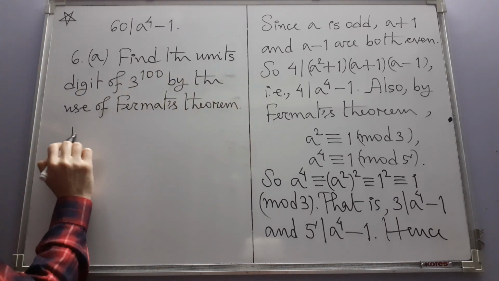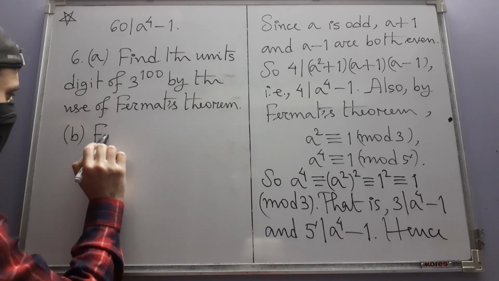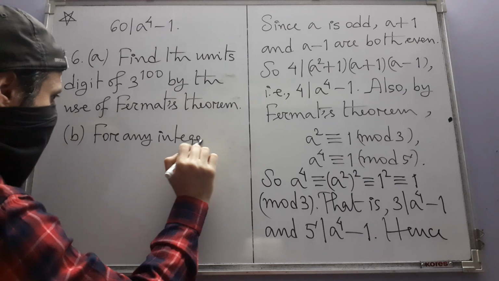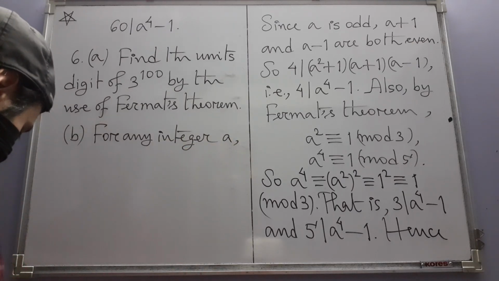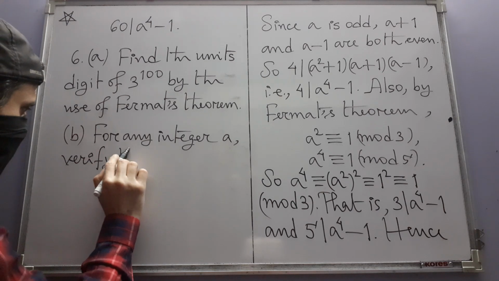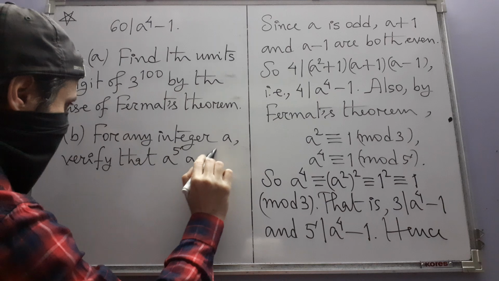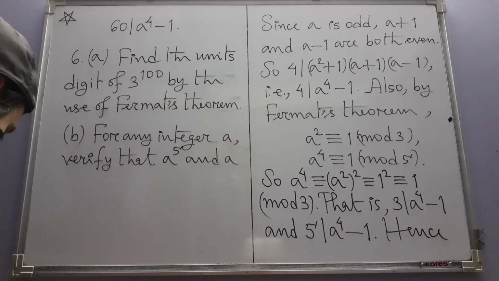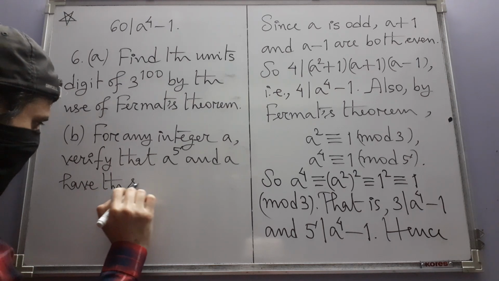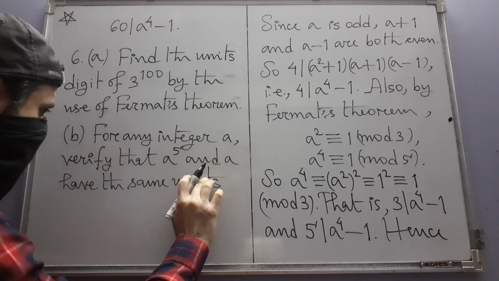Okay, so that is part A, and part B: for any integer A, verify that A to the power 5 and A have the same units digit.